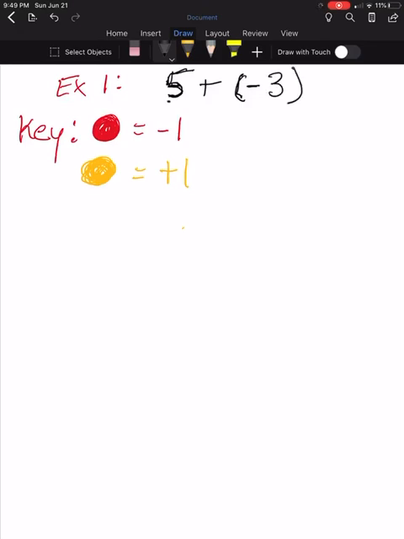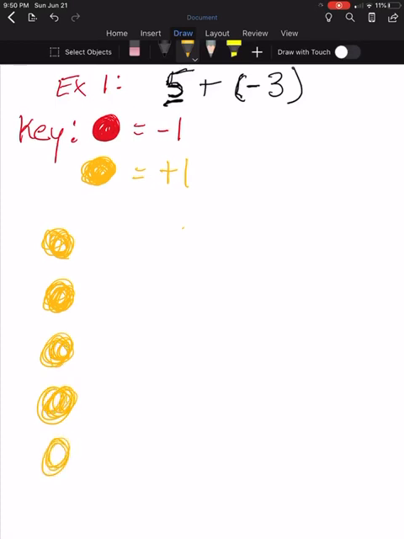So looking at our first number, we got what? 5 positive. So I got 1, 2, 3, 4.